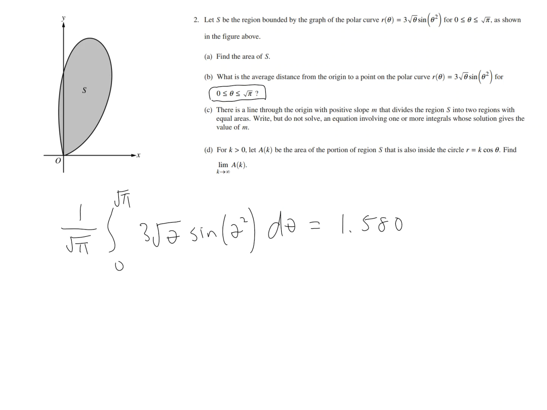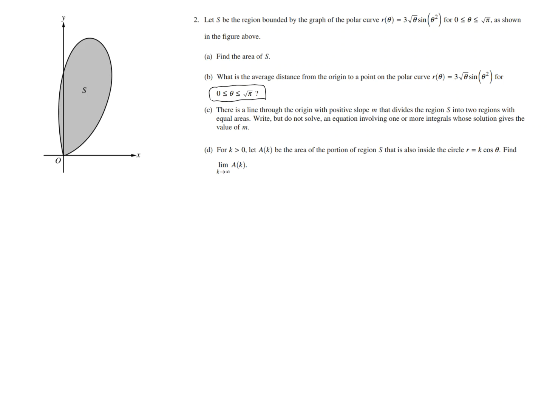Part C now asks us to solve for the value of m, which is the slope of the line that divides this region into two equal parts. First, we want to start by thinking what expression has to be met in order for the area covered before this line to be equal to the area after this line.